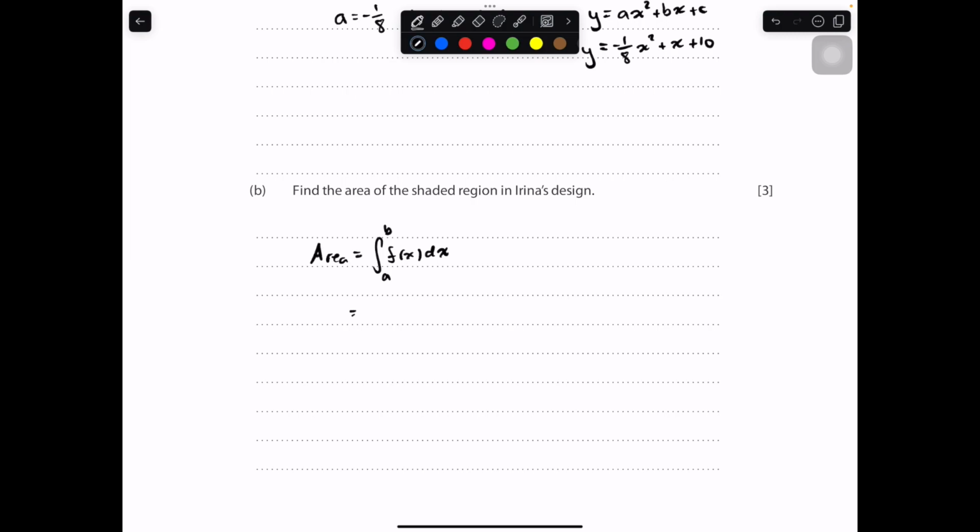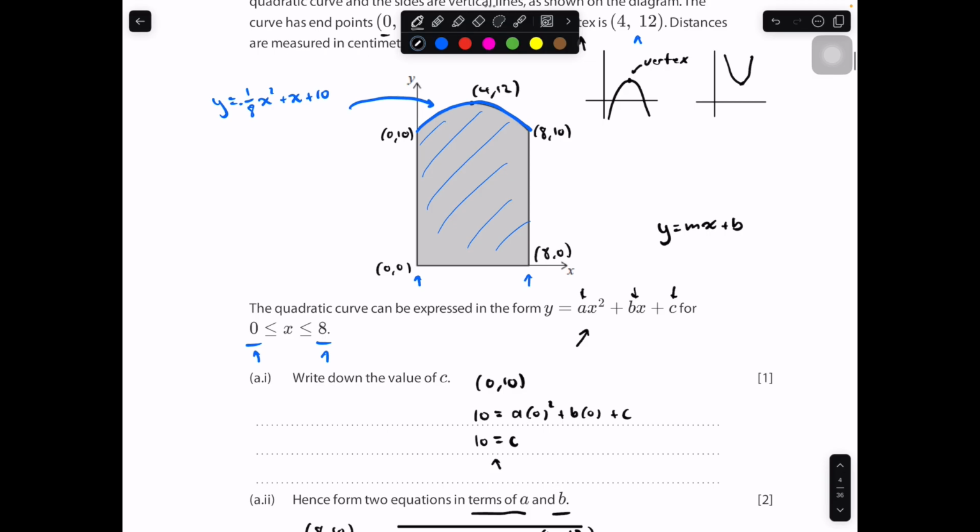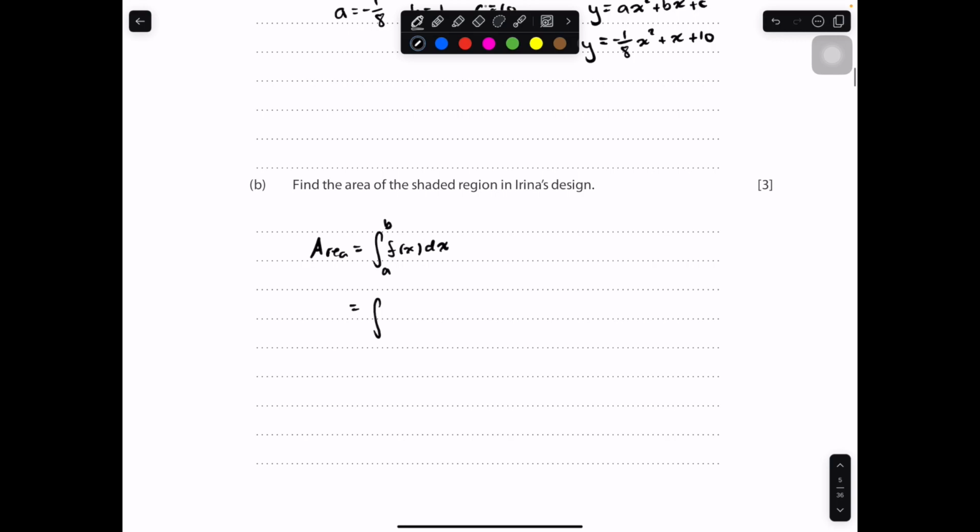And so in this case, we want to find the area under the curve with a starting point of 0 right here and an ending point of 8. So starting point of 0, ending point of 8, and then once again our function was negative 1 over 8 x squared plus x plus 10, and it was in terms of dx. These will always match. Whatever this is, then so is this. The IB exam will only ever give you x's.